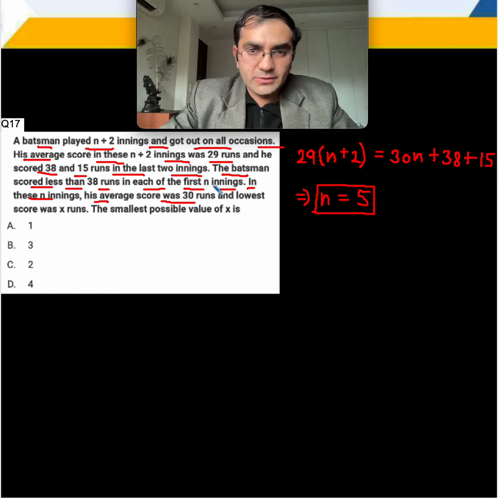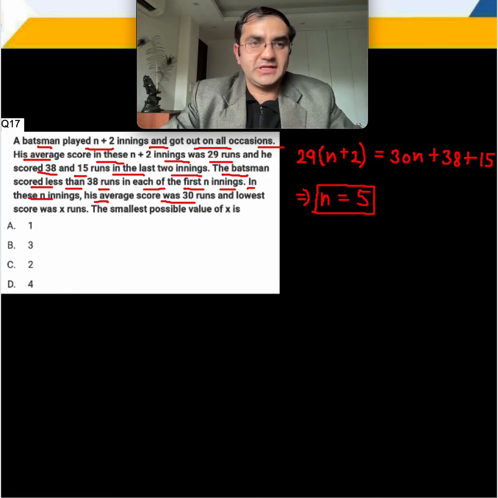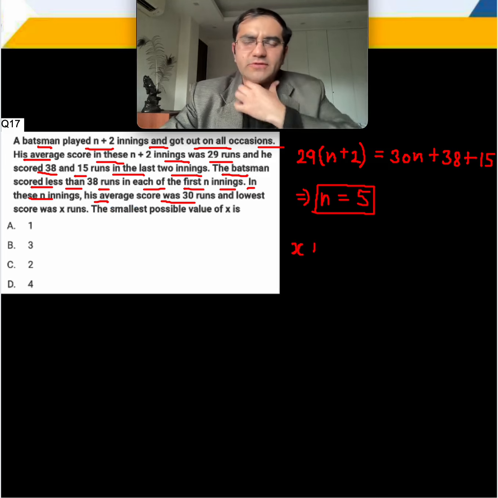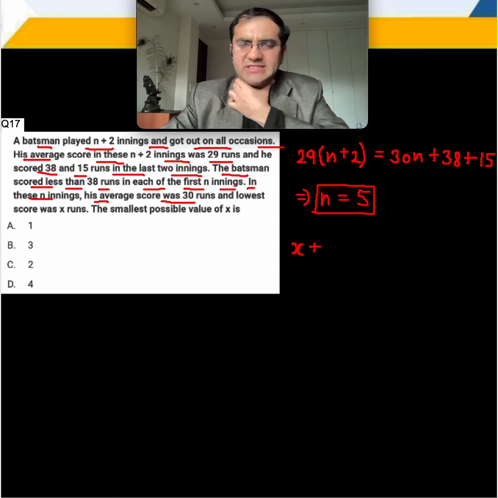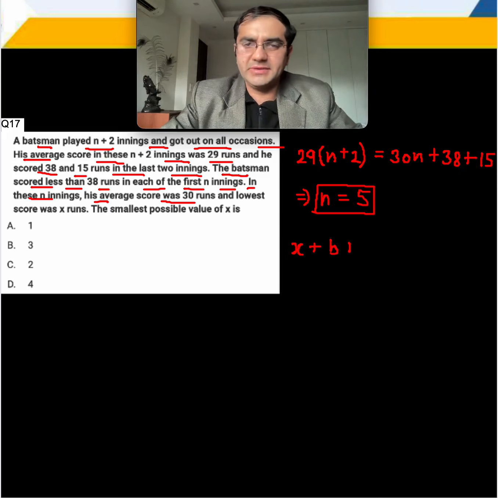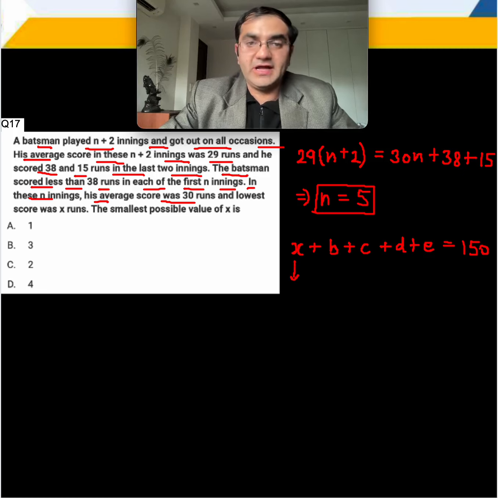His average score was 30 runs, so 30 into 5 is 150. Let me write down the scores of the first 5 matches. Lowest is x, and then the other 4 scores, let them be B, C, D, E, sum to 30 into 5, 150 runs. Now, it says find the minimum value of x.